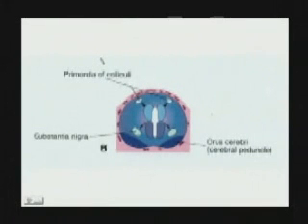So here we have the cerebral peduncles. These are heavily myelinated descending pathways. We've got the primordia and the substantia nigra, which is actually really important. It's all really important, of course.